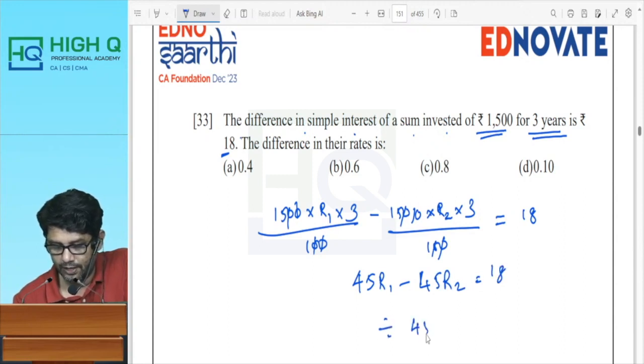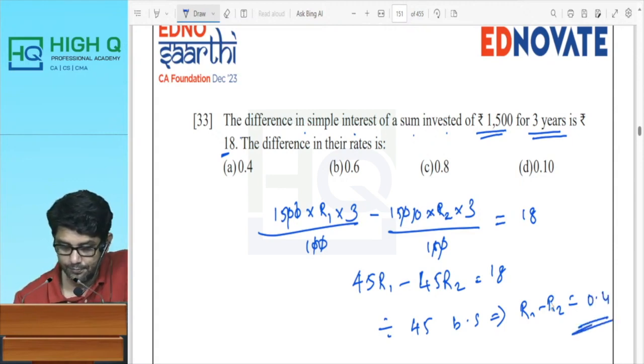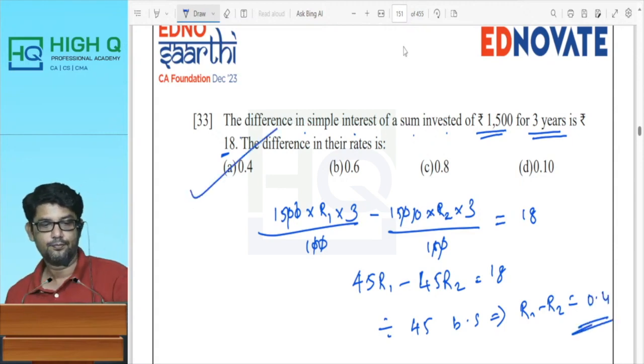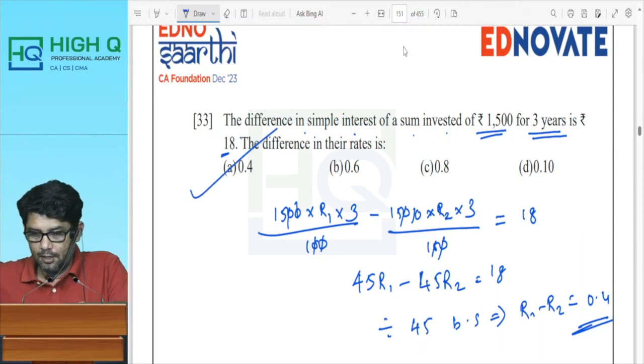Divide by 45 both sides, my dear. R1 minus R2 is equal to 18 by 45. What is it? Point 4.